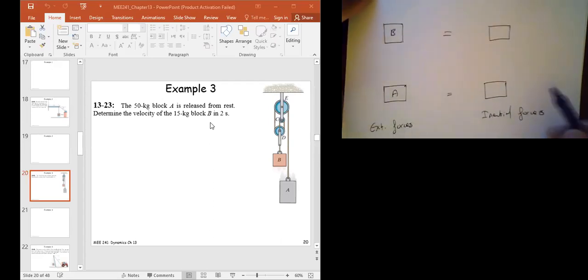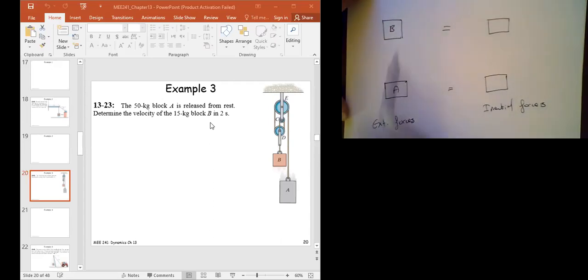Can someone help me out and tell me what the external forces applied on rigid body B are?